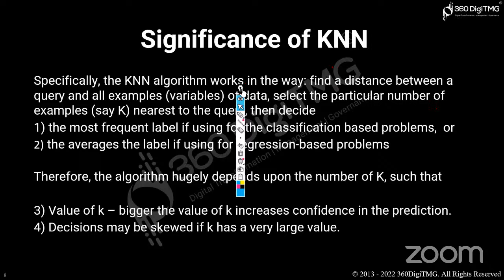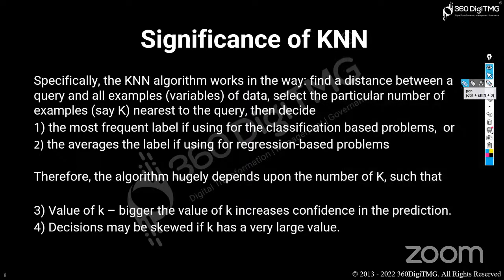Significance of your KNN. Specifically, the KNN algorithm works in the way by finding a distance between the query and all examples. That is nothing but your variables of your data. Then selecting particular number of k values, say k nearest to the query, and then it decides the most frequent label if using for your classification based problem, or the average of the label if we are using for the regression based problem.